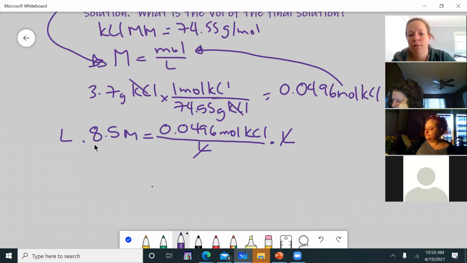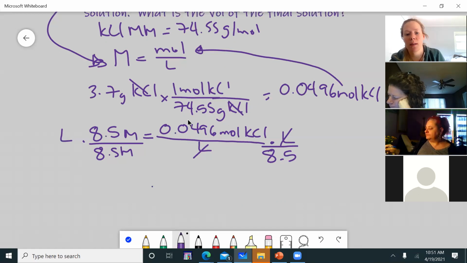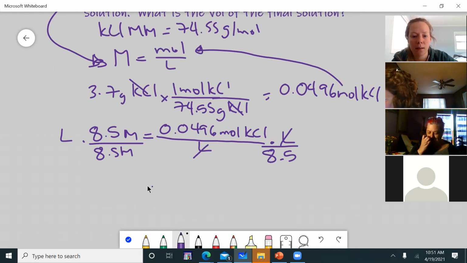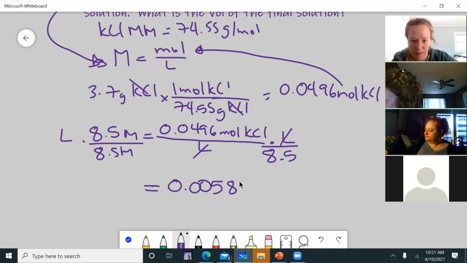Then I'm going to move the 8.5 over, so I divide this by 8.5 and divide this side by 8.5. So I should be taking my 0.0496 and dividing it by the 8.5, and I end up with a volume of 0.00584 liters.